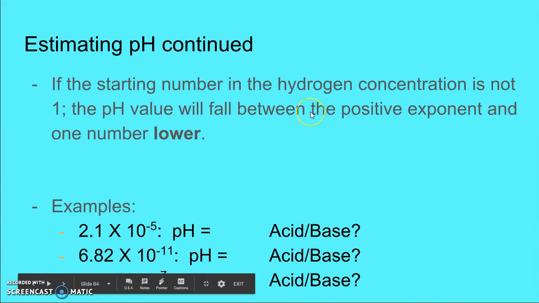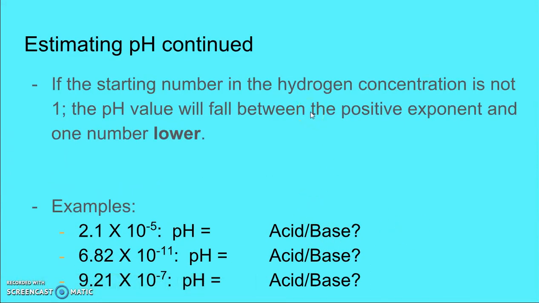If the starting number in the hydrogen concentration is not 1, the pH value will fall between the positive exponent and one number lower. So if I look at these examples, 2.1 times 10 to the negative 5th is obviously not a 1. So I look at the exponent and one number lower.